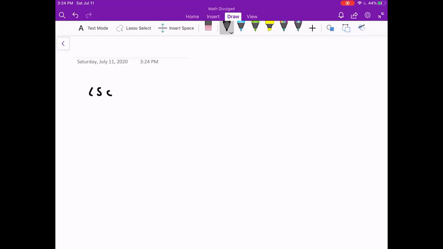And you write cosecant of alpha. This is equal to 1 over sine of alpha. And now secant of alpha is equal to 1 over cosine of alpha.